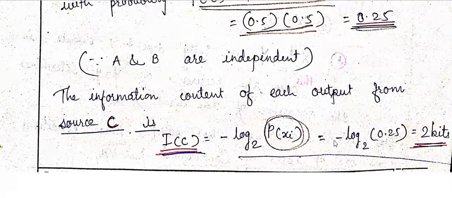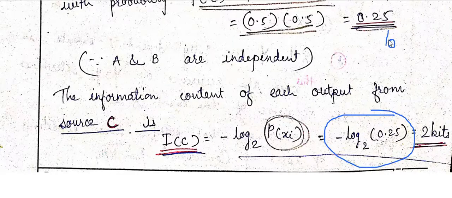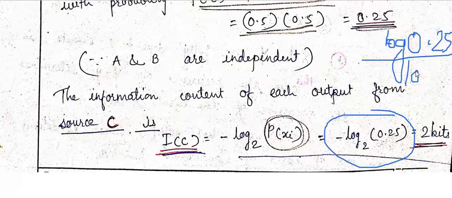While calculating this, you need to take log of 0.25 first, then divide it by log 2, with the minus sign. Once you do it this way, you will find it quite easy to operate with the calculator.